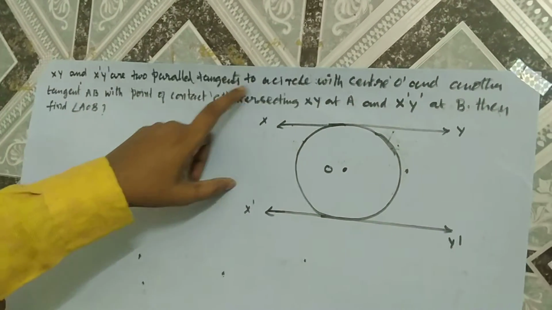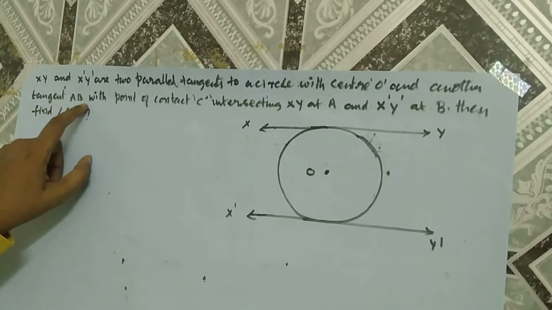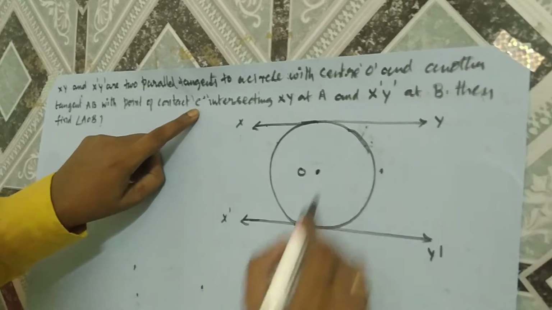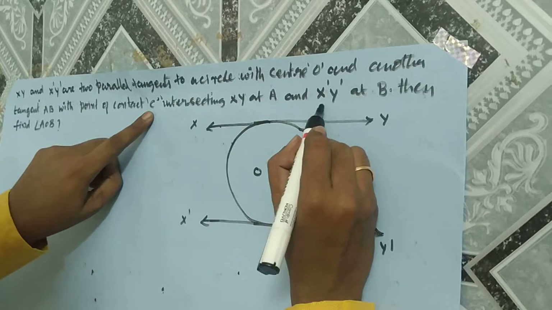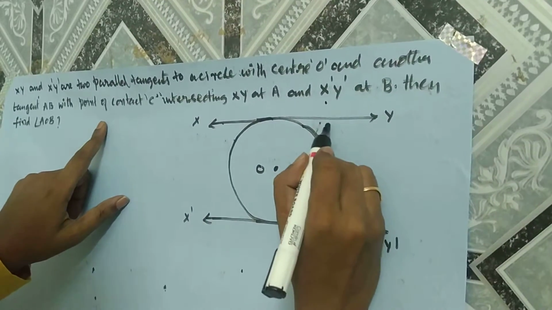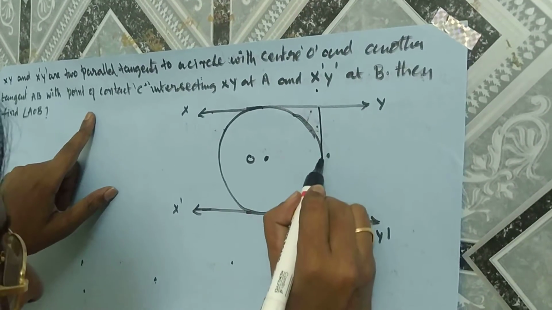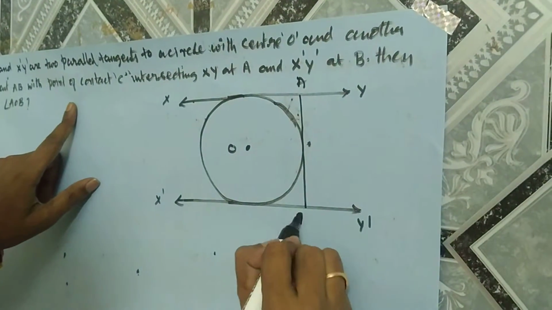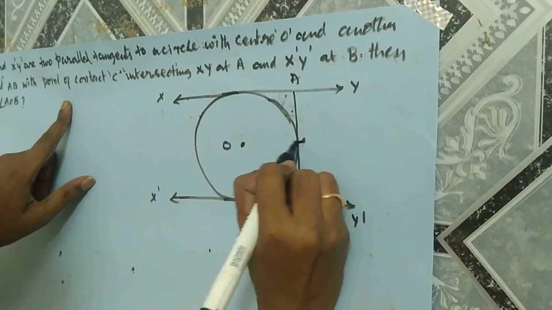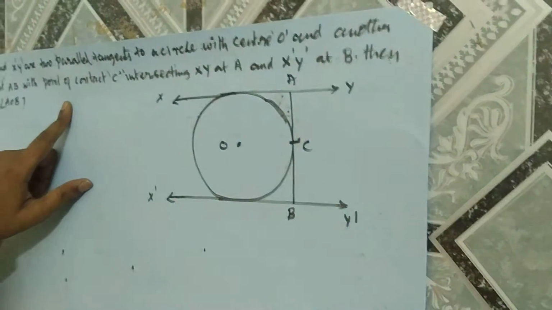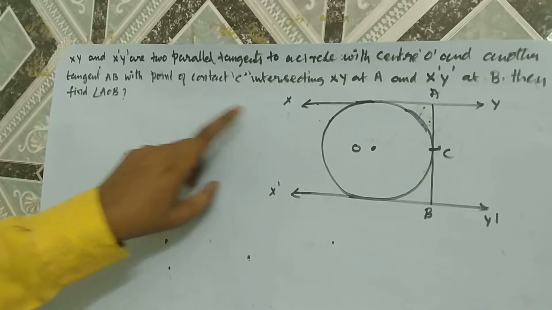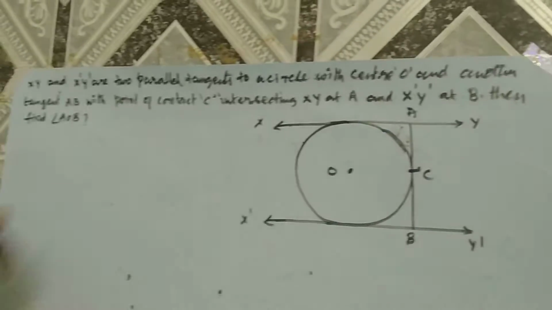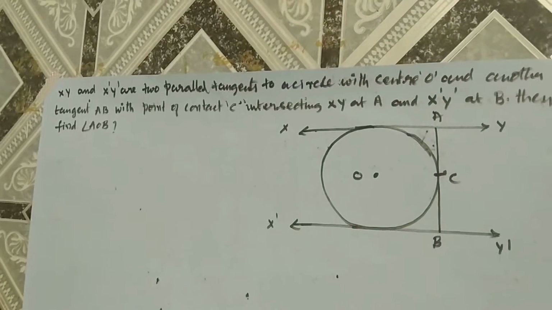Next, another tangent AB with point of contact C, intersecting XY at A and X'Y' at B. Find angle AOB.